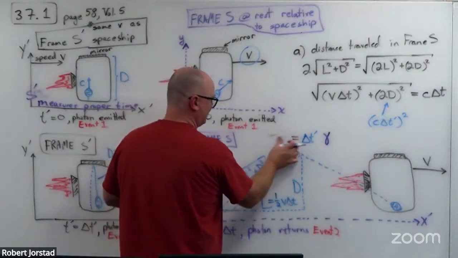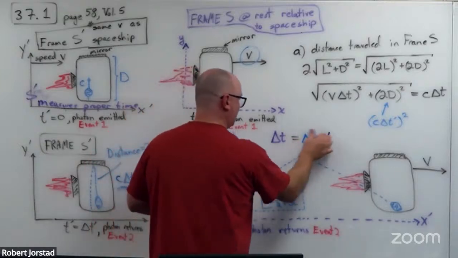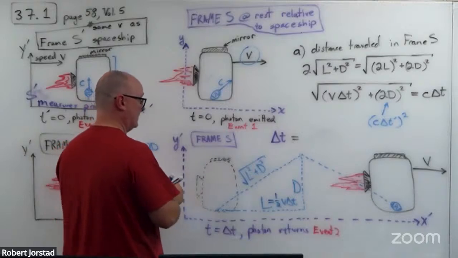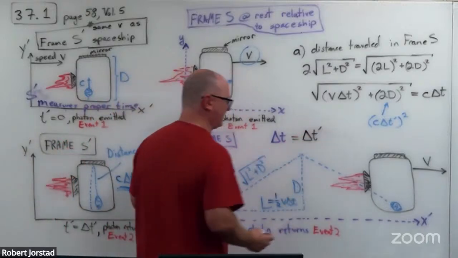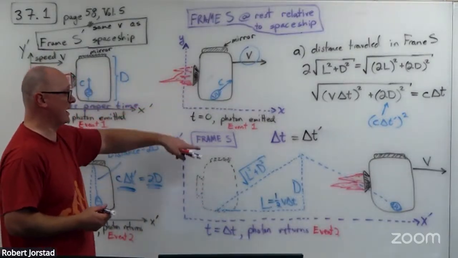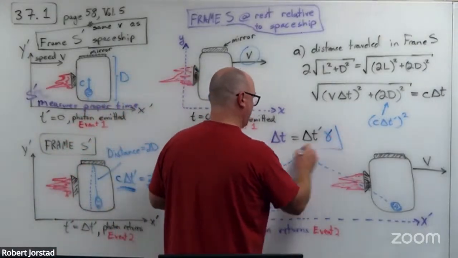Let me write it like this. We found delta t, the time in the purple frame, was equal to delta t prime. I apologize for the color coding. But so in this purple frame, that was the unprimed. And then over here, there was a gamma. That was what we found.